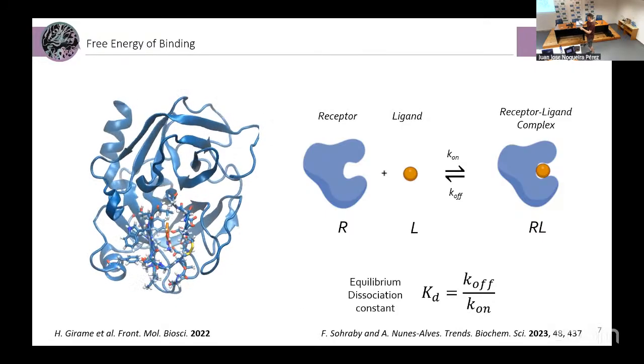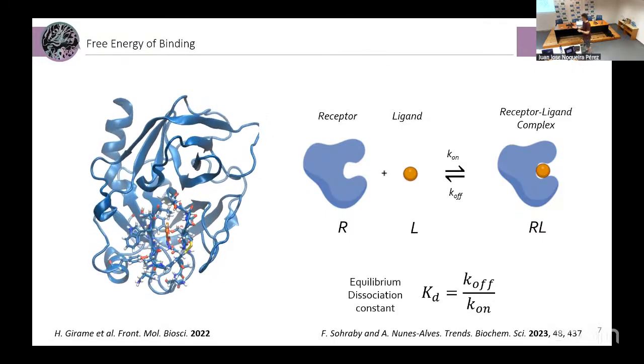Now let's focus on what happens in reality. We have a receptor and a ligand, and then this ligand interacts with the receptor and they form the complex. Typically, if a ligand is a good binder, this process is going to be faster: the K-on is going to be faster than the dissociation.